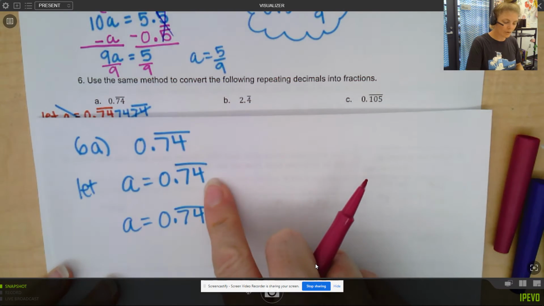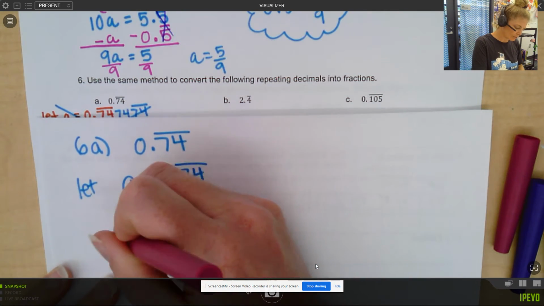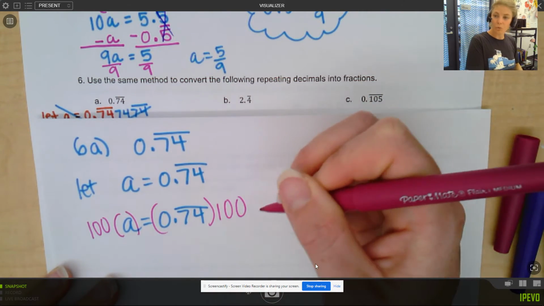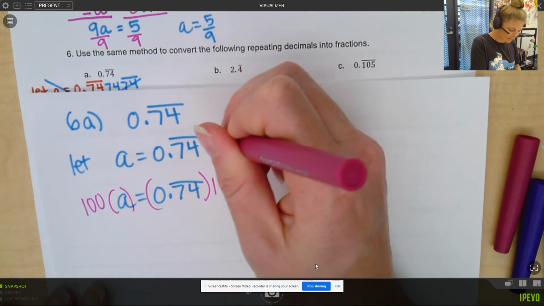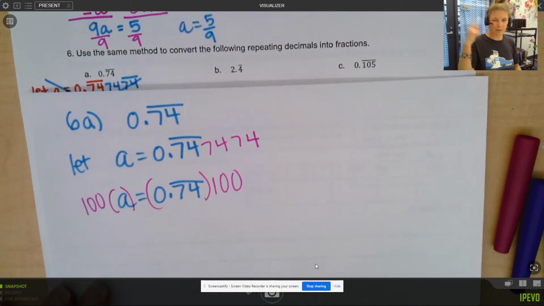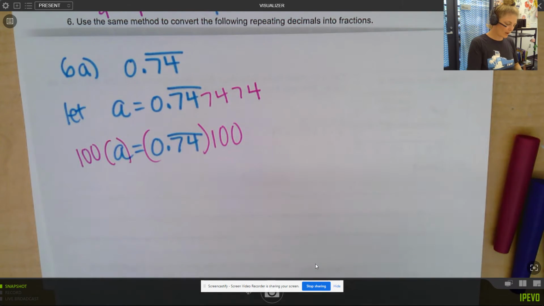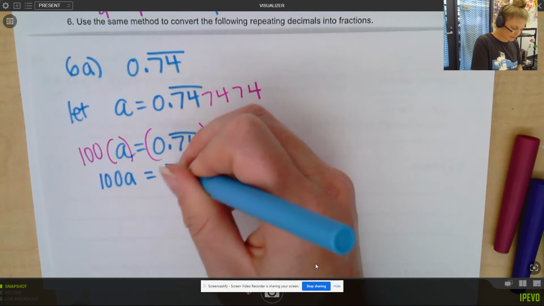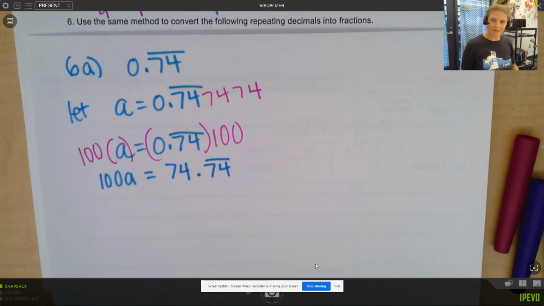Notice if we moved over to the end of our repeating decimal, we need to move over 2 decimal places. So I'm going to multiply both sides by 100. That'll be nice. I'm just going to add this 7.4 here for my brain to figure it out a little bit better. So now I have 100a is equal to 74.74 repeating. Oh, okay, I think this is going to work better.